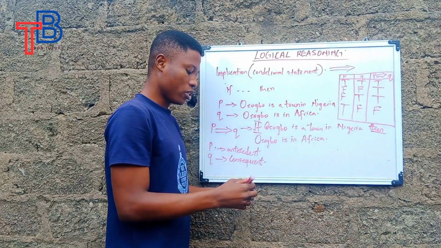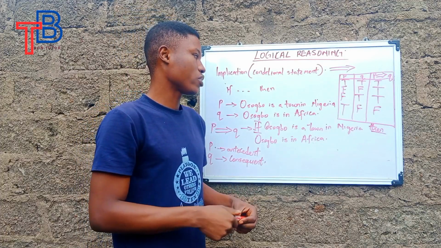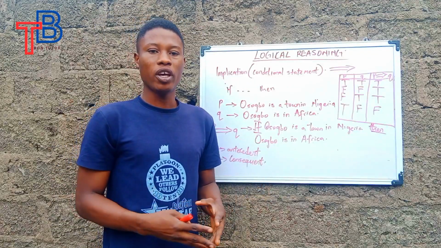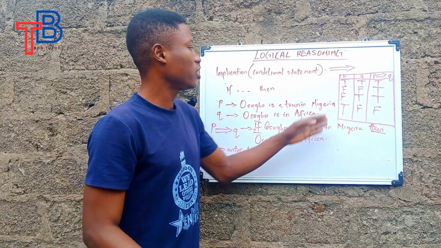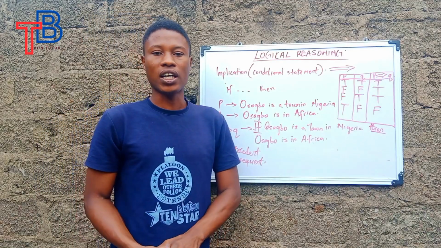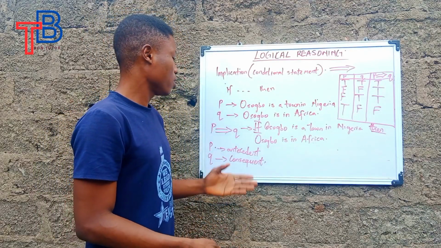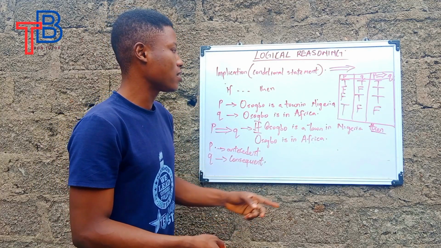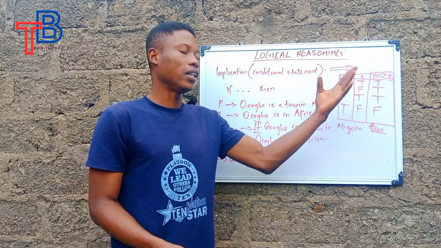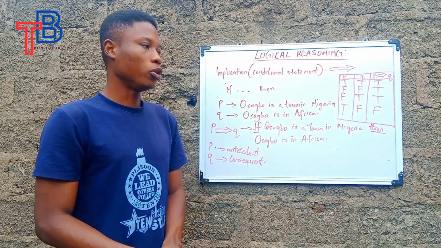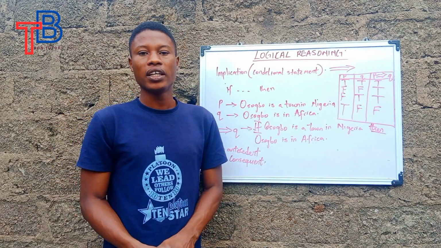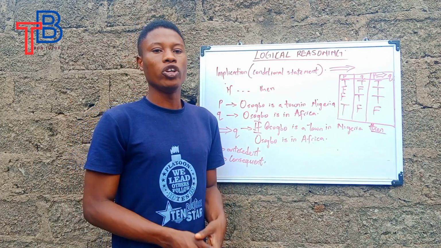This is the truth table and the four conditions we have for the conditional statement. Even though the antecedent might be false, as long as the consequence is true, the conditional statement will be true. But if the antecedent is true and the consequence is false, the conditional statement will remain false.